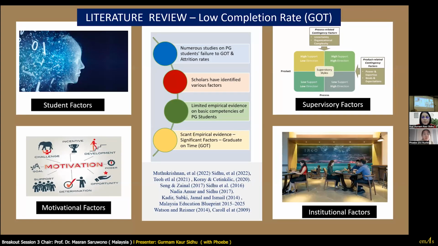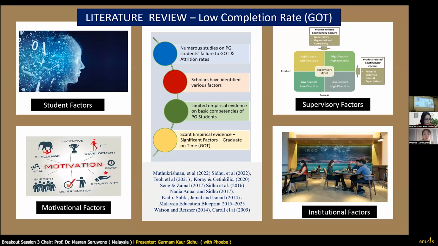Well, numerous studies have been conducted on factors on postgraduate students' high attrition and low completion rates. For instance, researchers such as Carol, Muthukrishnan, and Teo summarize the factors as student, motivational, supervisory, and institutional factors.